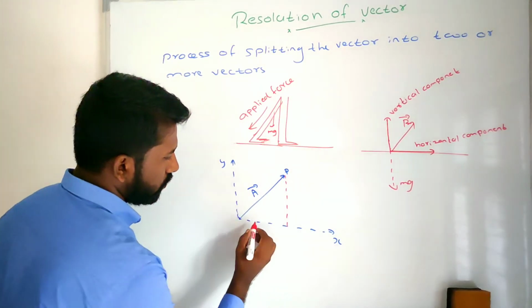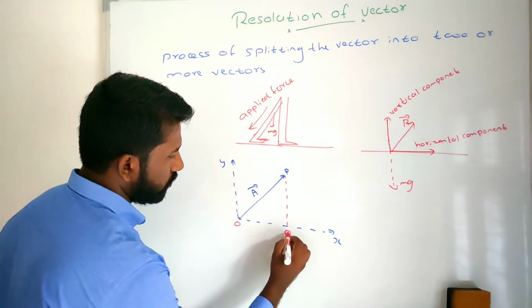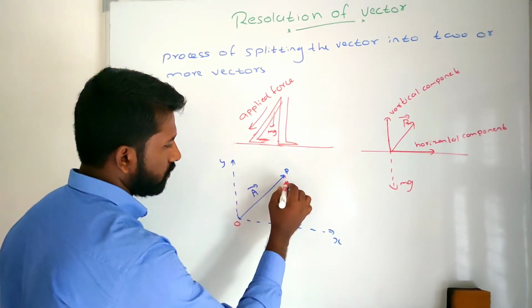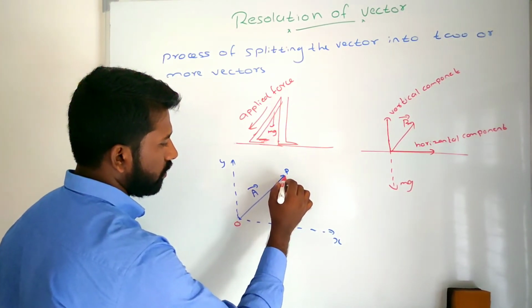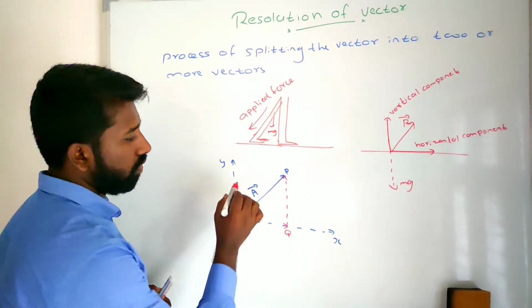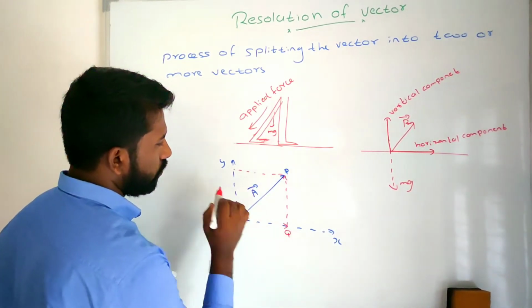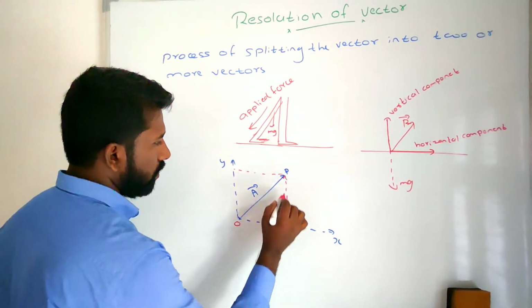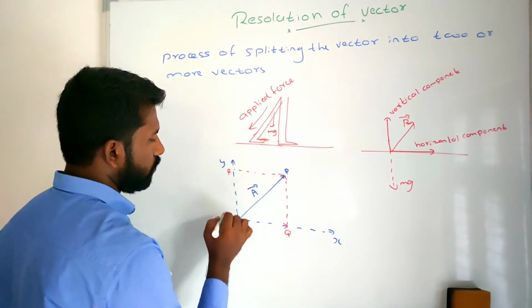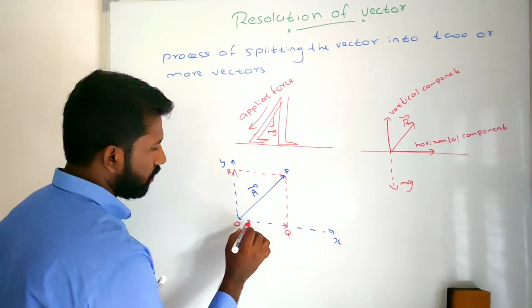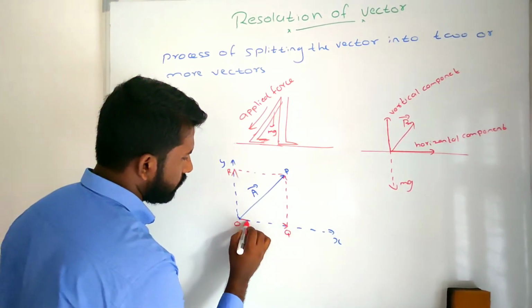Clear? So this is O and this is Q. This is one vector and this is the other vector. Based on the parallelogram law of vector addition, I can complete here. This side is equal to OQ and this side, the PQ side, is equal to OR. So this is one vector and this is the other vector.